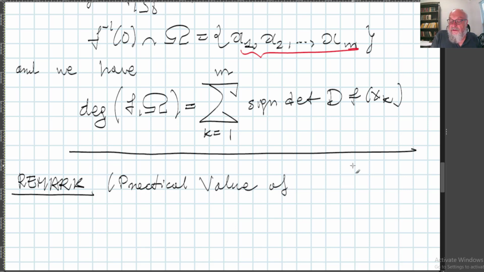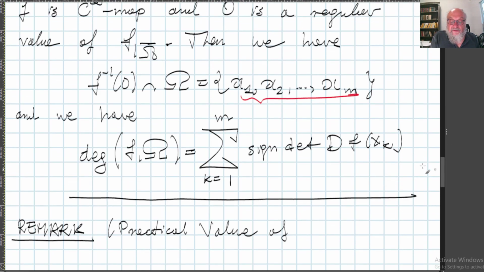This is called the analytic formula for degree, and I give here 2 stars. Practical value of the analytic formula.